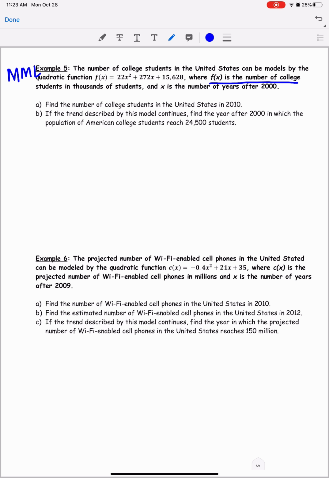Okay, we really don't need the in thousands. And x is the number of years after 2000.